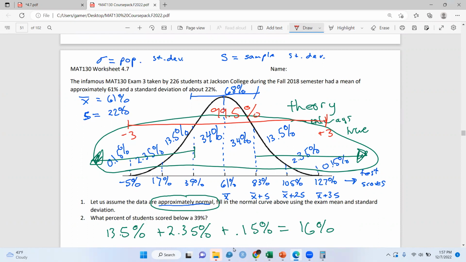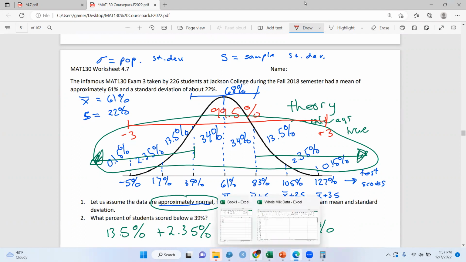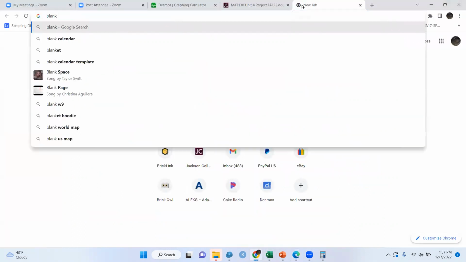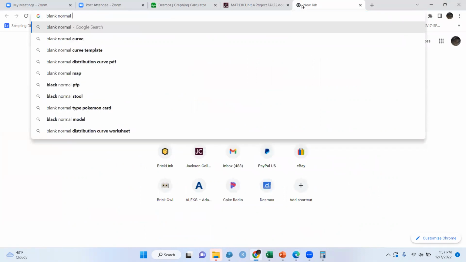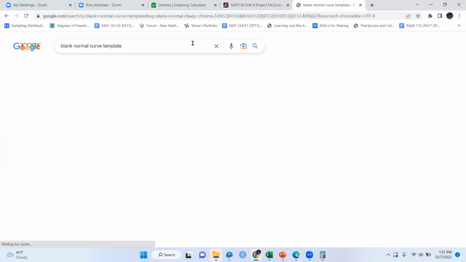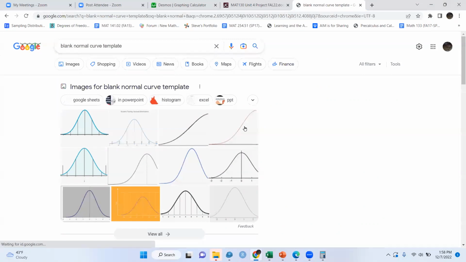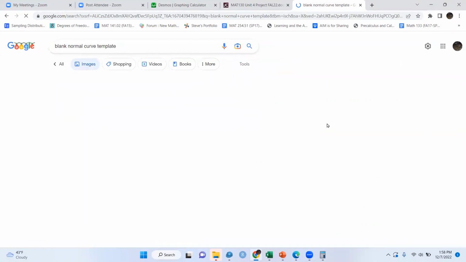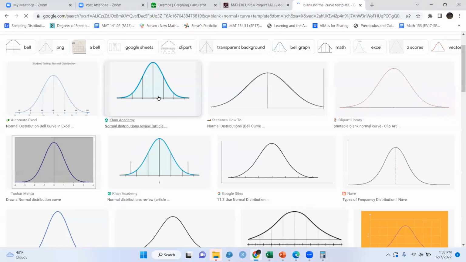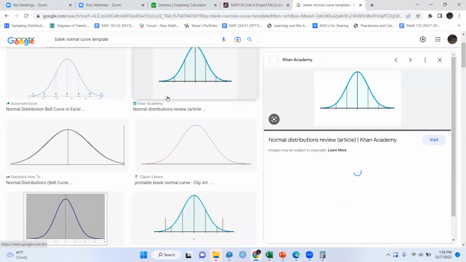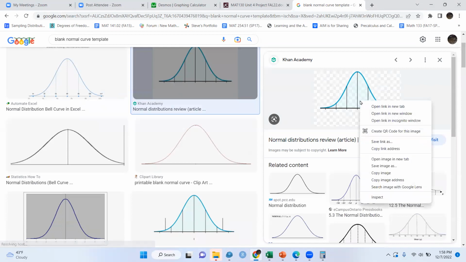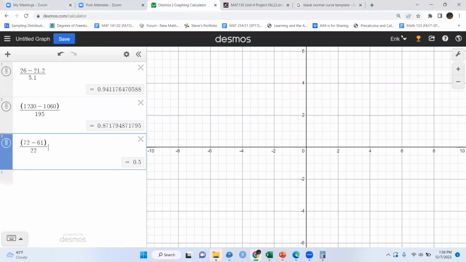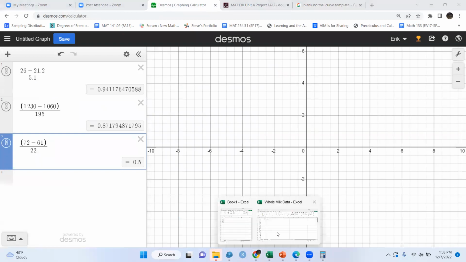I've had people use a blank normal curve template. So they Google it, go to images, and this would be a good one maybe from Khan Academy, copy the image and then dump it into Excel.